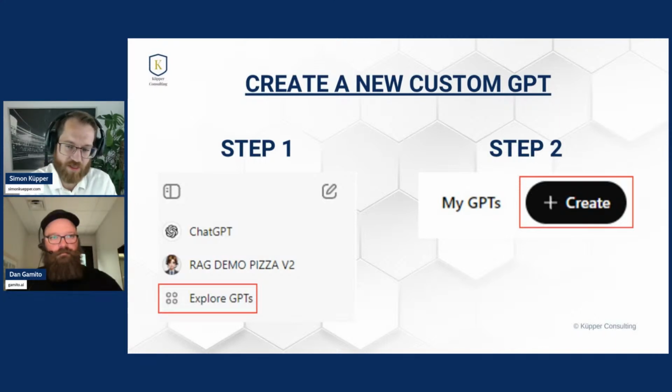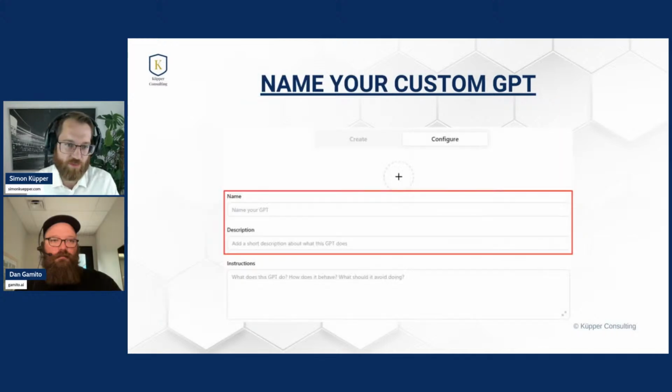If you click on that button, you should now have, in the upper right corner of your screen, a button that says Create. If you click on that, you should be able to create your new custom GPT, and you should be on a page that looks something like this.